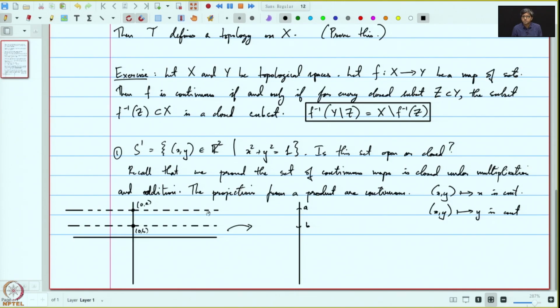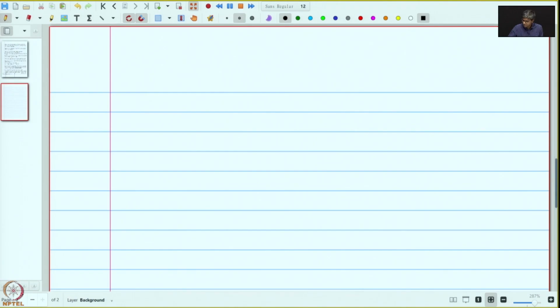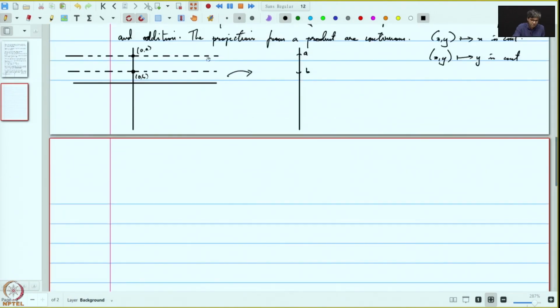This is a picture of the projection onto the y coordinate, and similarly, we can make a picture of the projection onto the x coordinate.